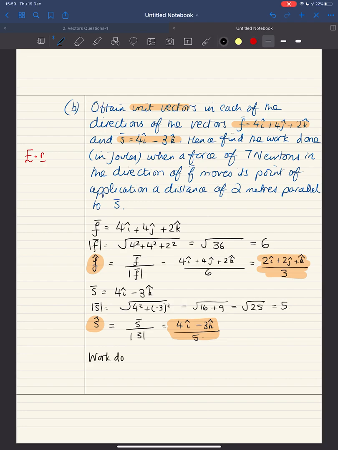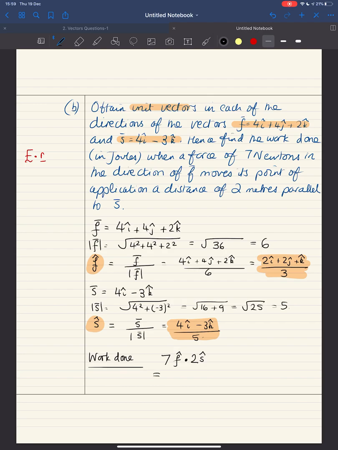Again, this isn't in the exam this year, so this is just for interest. The work done is 7 newtons times F hat, and then it's 2 meters parallel to S. So that is dotted with 2 S hat.